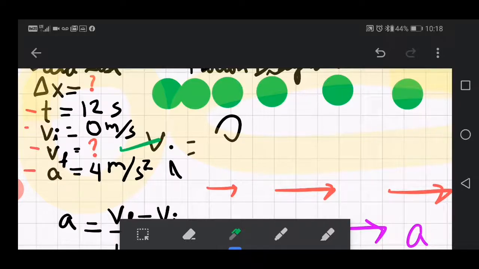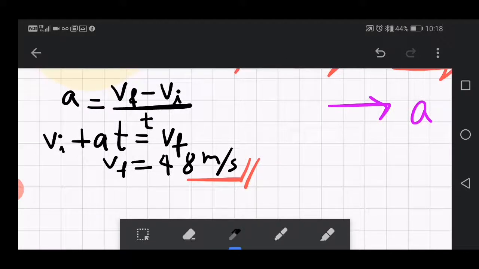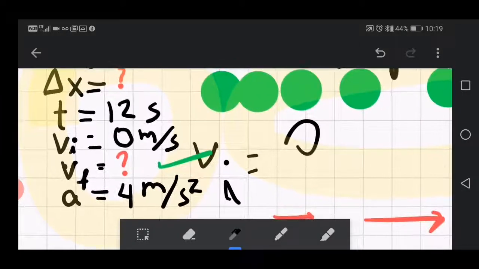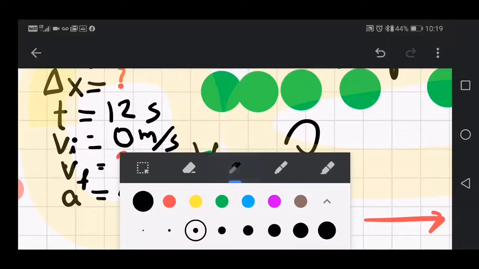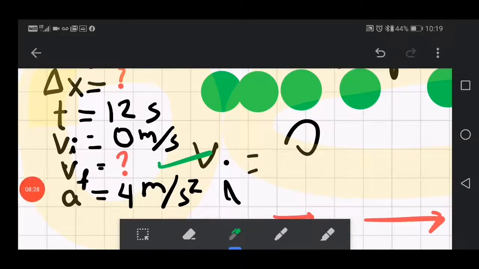Now, for the second part, things are not so easy because you still have to decide which equation you're going to use. Now, it is always a temptation to take this final velocity and try to use it. You have to fight against that temptation. You have to try and use only the values they gave you, which in this case are acceleration, initial velocity, time, and the one that you want, which is displacement.